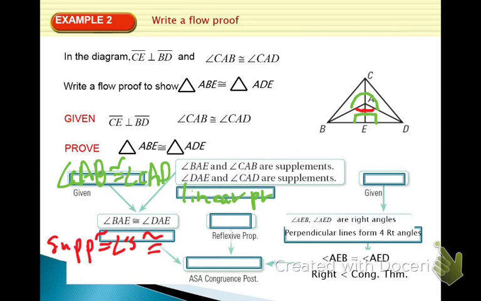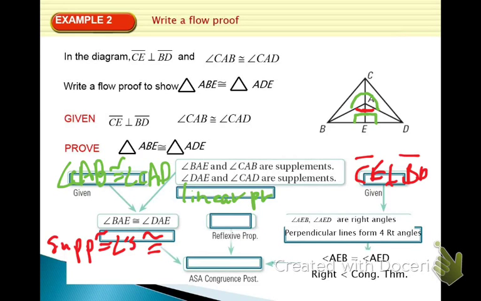Then we've got our other given. We've only got one other choice there. That's going to be CE perpendicular to BD. That's given. And so from that we know that AED and AEB are right angles, because perpendicular lines form four right angles.